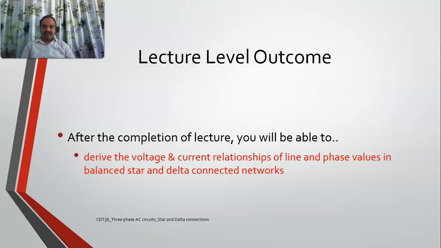I hope by the end of this lecture you will be able to derive the voltage and current relationships of line and phase values in balanced star and delta connected networks. I hope by the end you will be able to identify your required connection, whether it is star or delta, if you have any specific application.